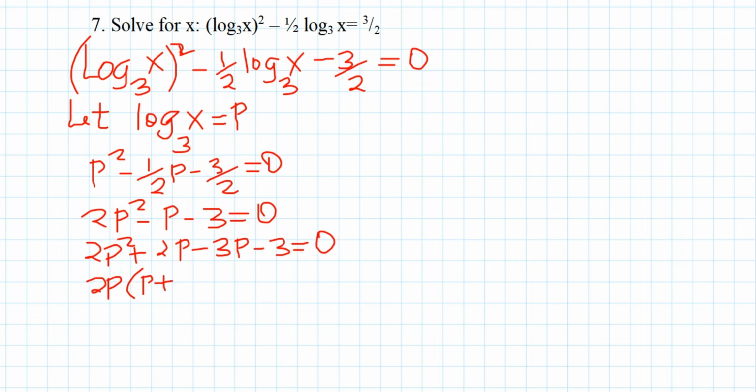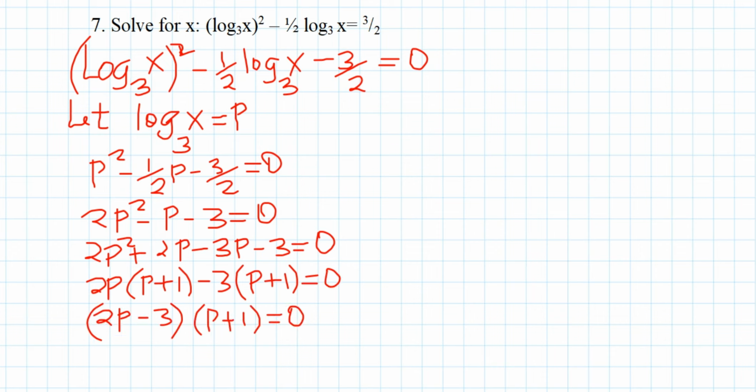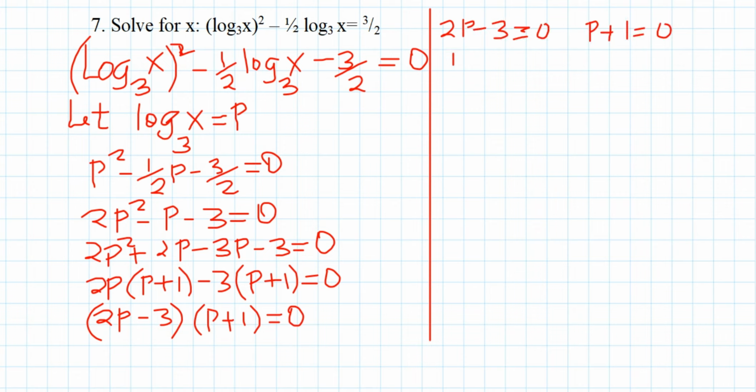And so here, when we solve the quadratic, we simply get 2p minus 3, p plus 1 is equal to 0. And so consequently, our p is going to be equivalent to 3 over 2, or 1.5, or also our p here is equivalent to negative 1.